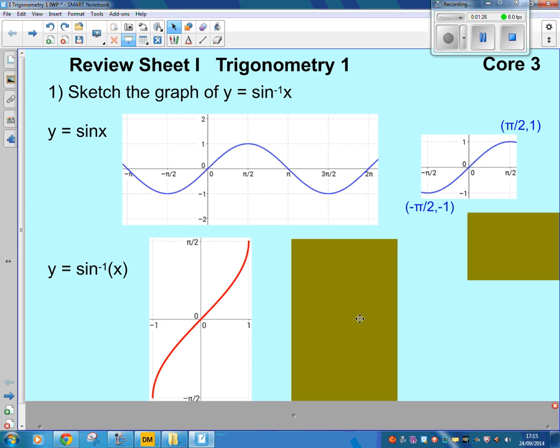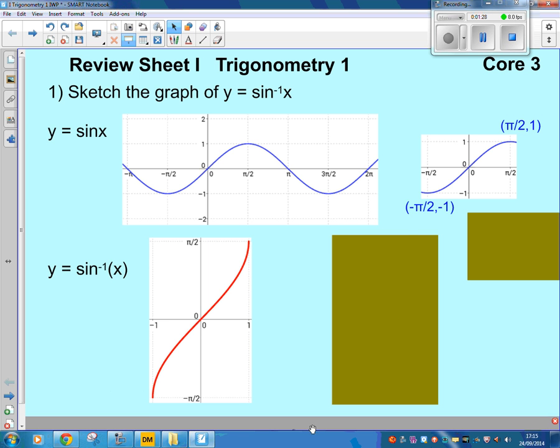So what you're going to get is a graph still going through the origin, whereas the x-axis had gone minus pi over 2 to pi over 2, notice it's now the y-axis going from minus pi over 2 to pi over 2. Where the y-axis had gone minus 1 to 1, the x-axis goes minus 1 to 1.